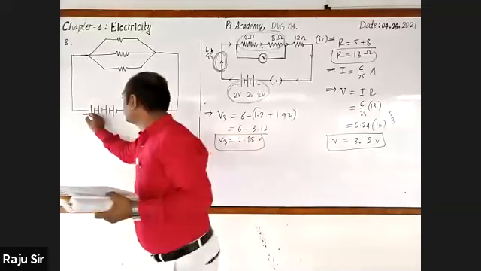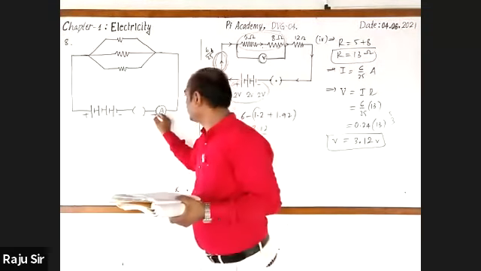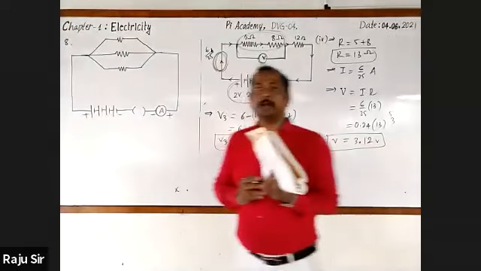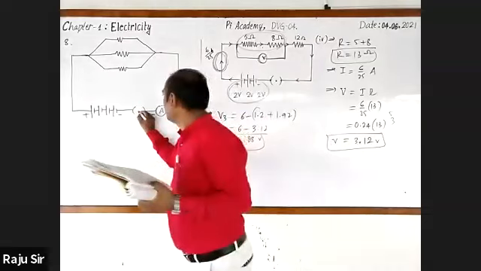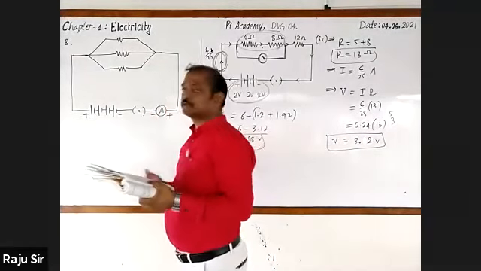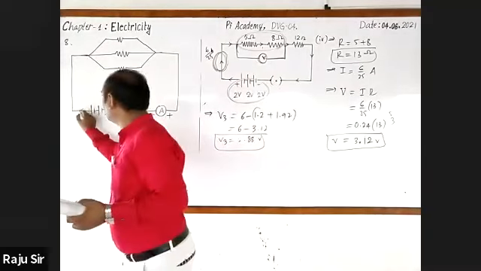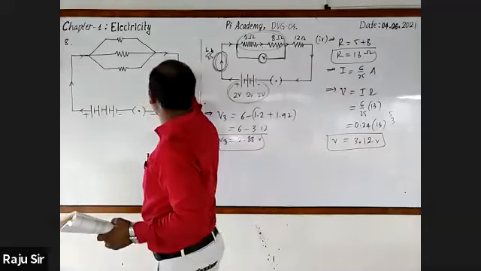This is the negative and this is the positive terminal of the battery. Let us go for switching on. Then current starts flowing from the positive to the negative terminal of the battery.